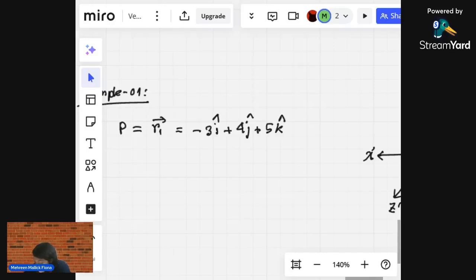And the third axis, whose value was, I forgot, 5, would go here.